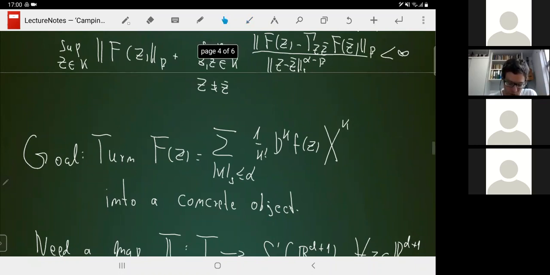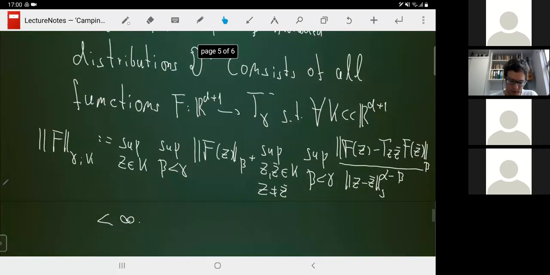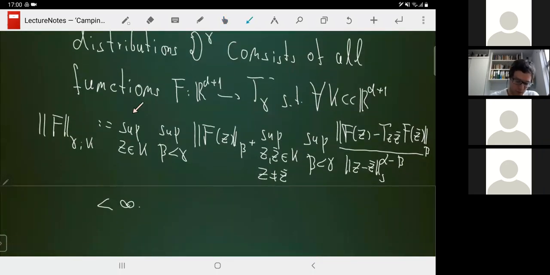And so if you look at the definition, how do we measure smoothness? We take the supremum over all components over point Z, now compact Z. And here we have this term that reminds one of Hölder continuity.